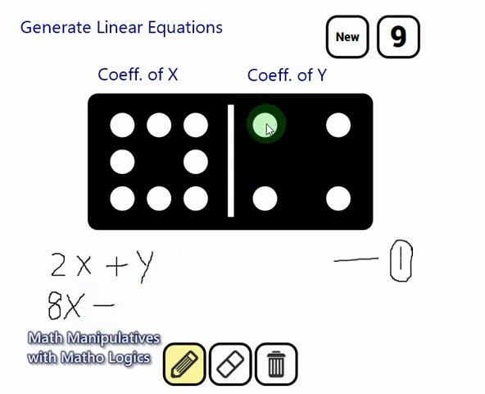Now count the dots on right side of the domino for the coefficient of y, which is 4, so I can write 4y, right? So this is our expression 2.